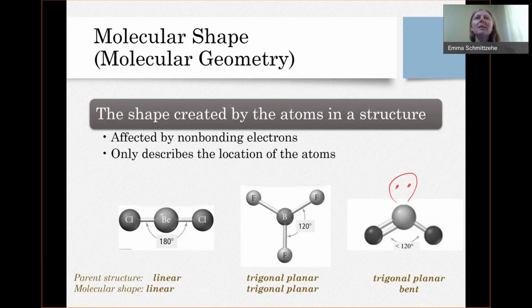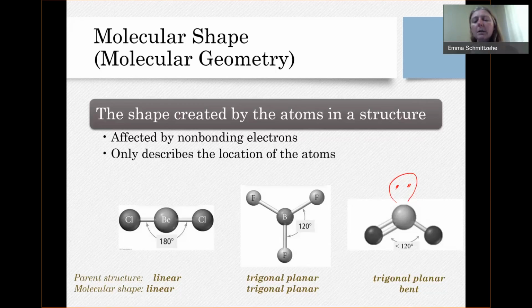So what happens is those electrons aren't getting as much interaction with positive nuclei, so they end up spreading out more. They're not held onto as well, which means then they are repelling even further other things. Whereas when it's a bond, there's two positive nuclei kind of interacting with those electrons, so it kind of reins them in, and they don't take up as much space, they don't push things away as much.